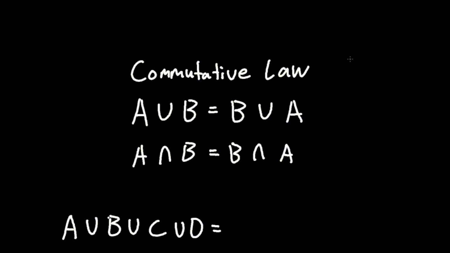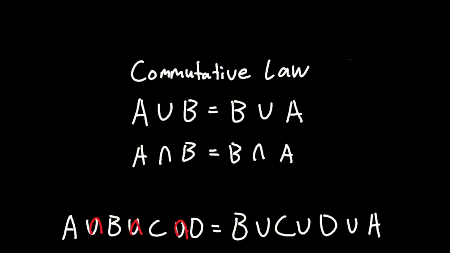So we have A union B union C union D. We can calculate this in whatever order we want. We can write down B union C union D union A, with no particular order of choice. I just chose random letters. And this would be equivalent to this. It doesn't matter what order we calculate it. And we can also change all of these to intersections, and the result would still be the same.